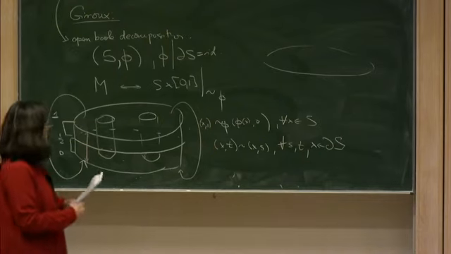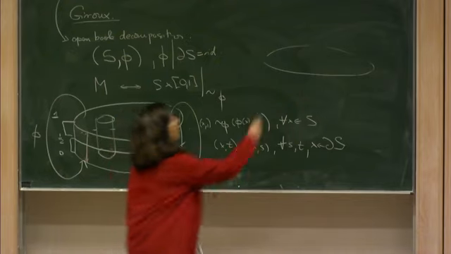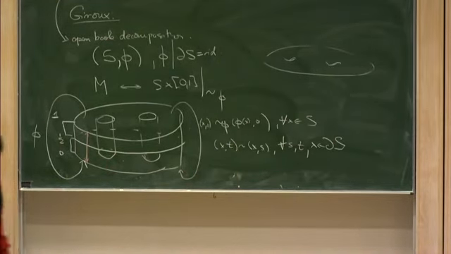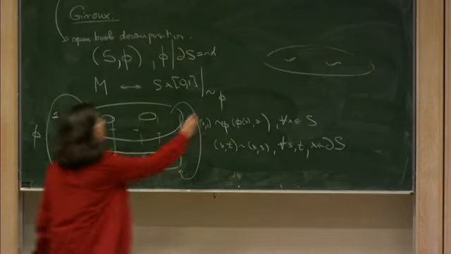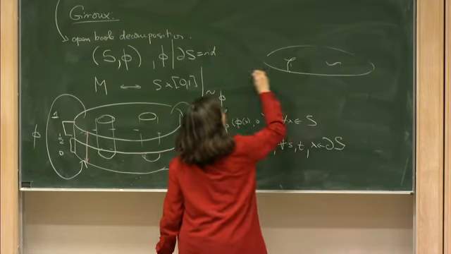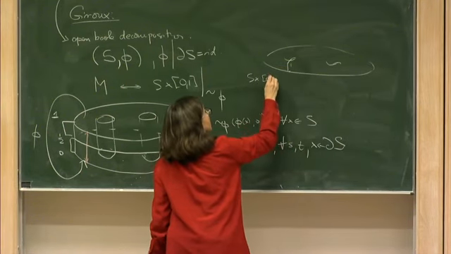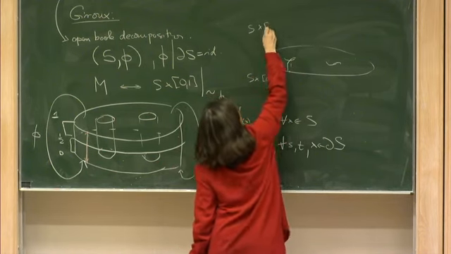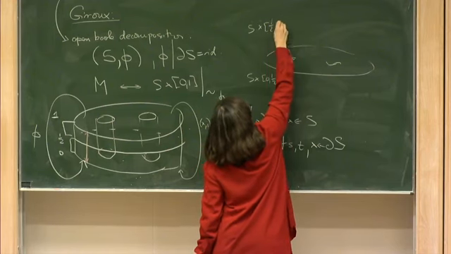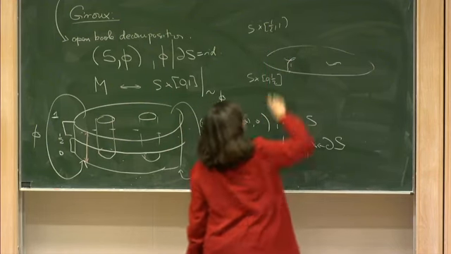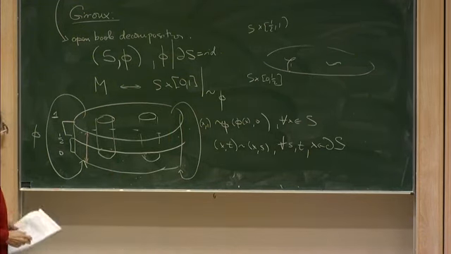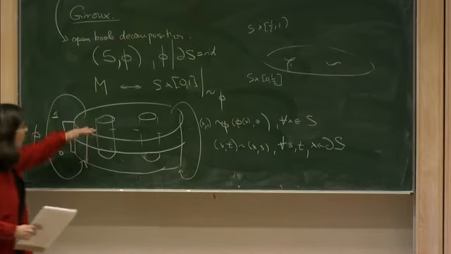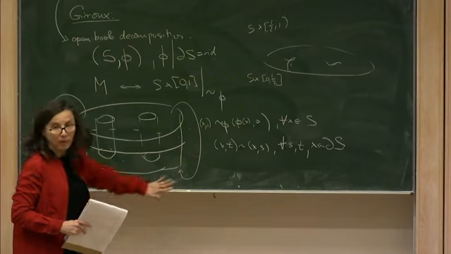And each piece, when I squish the boundary, clearly becomes a corresponding handlebody. And so I have two handlebodies, one corresponding to S × [0,1/2], and the other corresponding to S × [1/2,1]. And they get identified so that the top gets glued to the bottom.